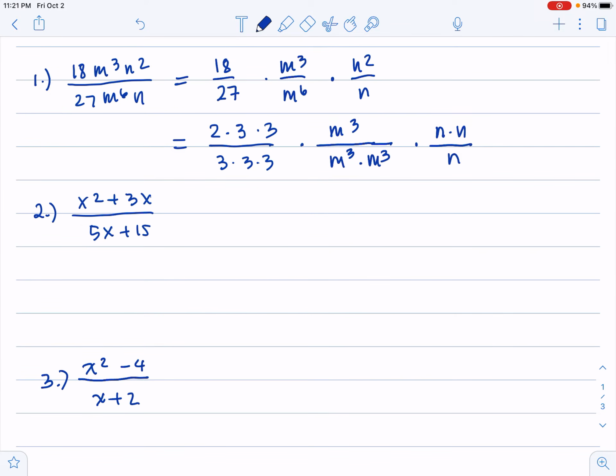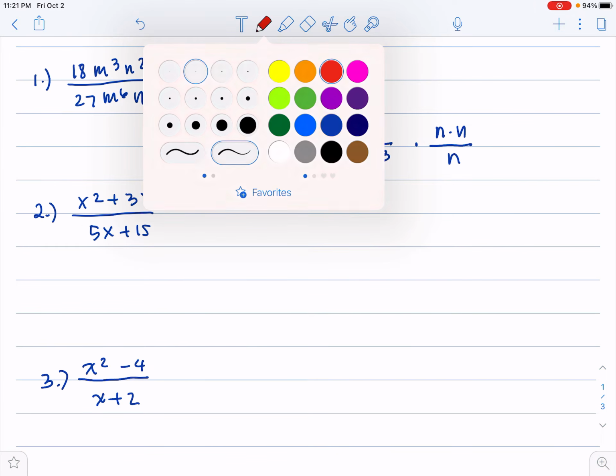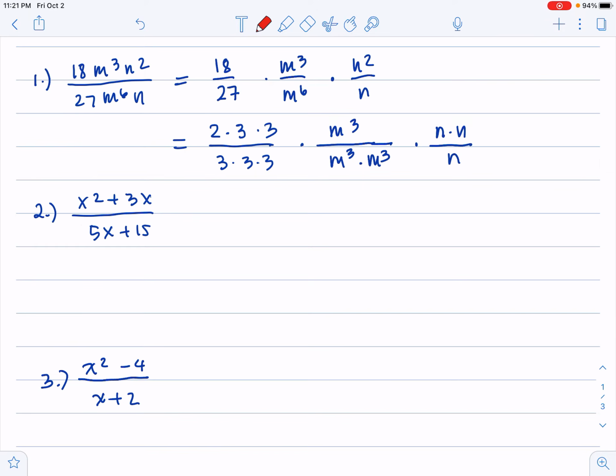Okay? So, lahat ng mga pwedeng i-cancel, yung magkaparehong numerator at denominator, cancel natin yan, pero lagyan natin ng 1, no? Bakit nga ba natin nilalagyan ng 1? Kasi, pag nag-cancel tayo, 3 divided by 3, we divide this by 3, so this becomes 1, and we also divide this by 3, this becomes 1.